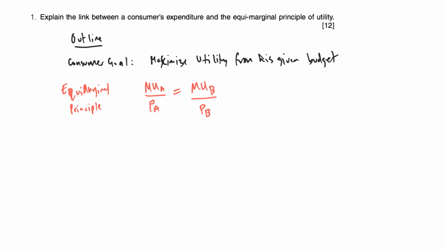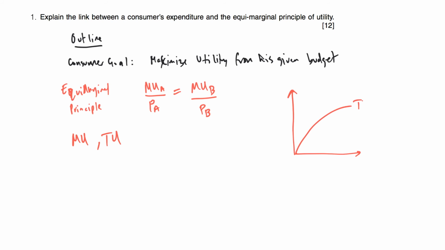Then we talk about your MU and TU, the distinction between them. TU is simply defined as the total satisfaction that you get from consumption of a particular quantity, and MU is the extra satisfaction that you get from one extra unit. Isn't that true? So you talk about MU and TU. You will draw the diagram for TU.